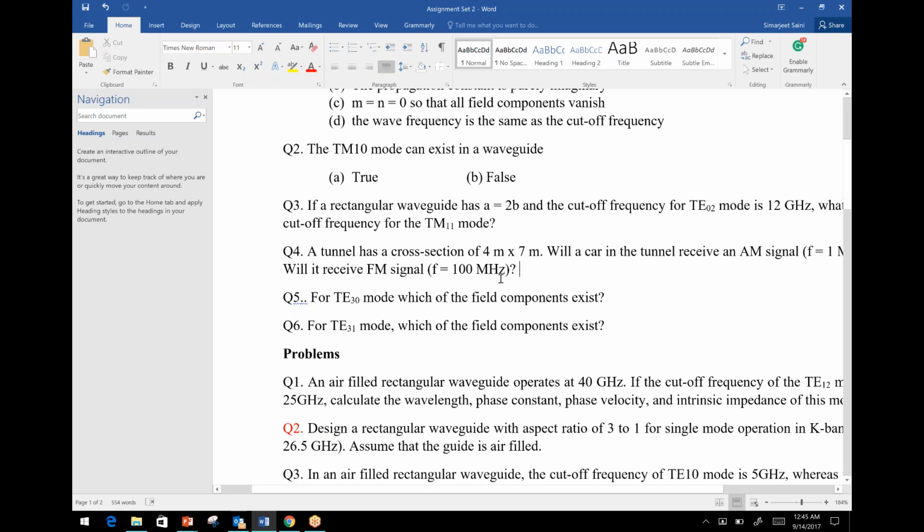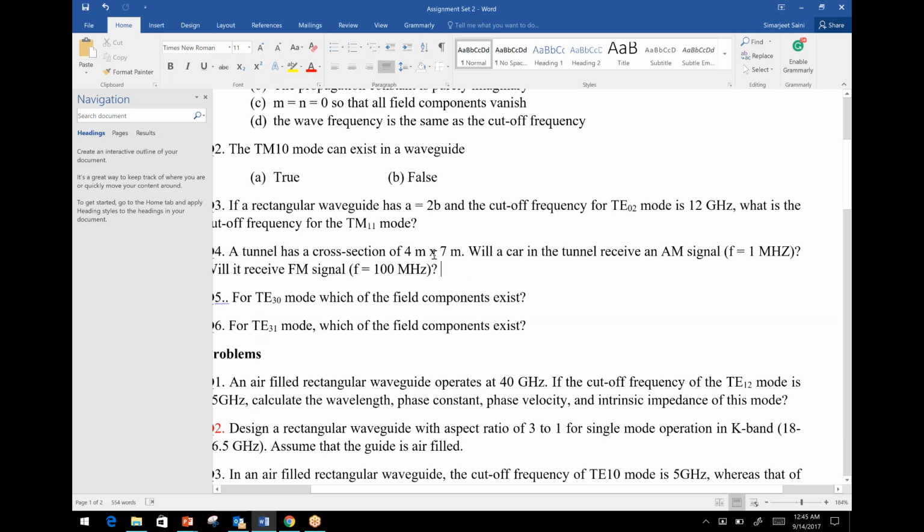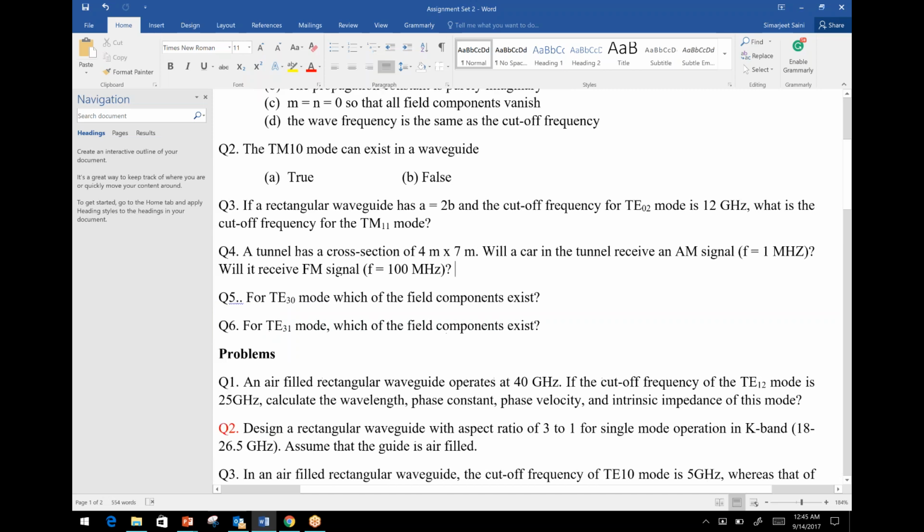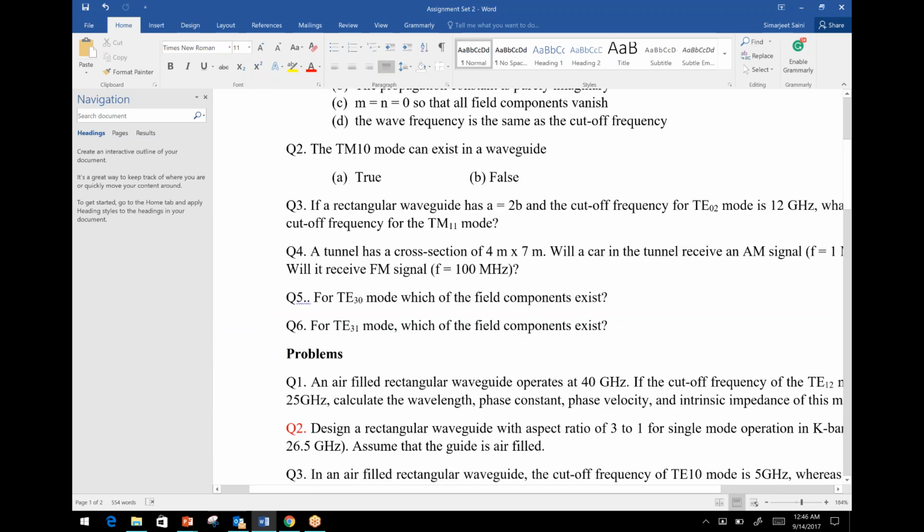It looks at a tunnel with a cross section of 4 meters high and 7 meters wide. Will you receive an AM signal in the tunnel? Will you receive an FM signal? So you will go about calculating the cutoff frequency for that mode.